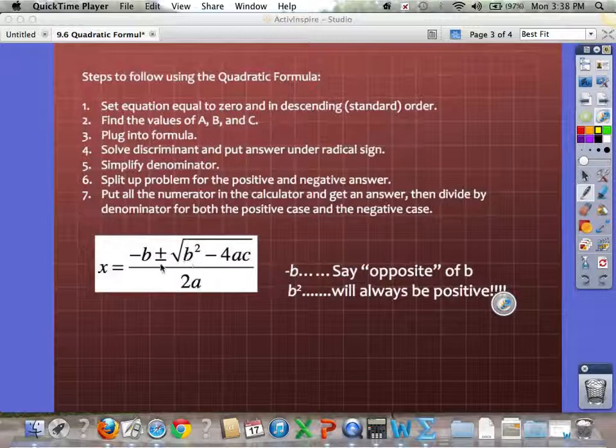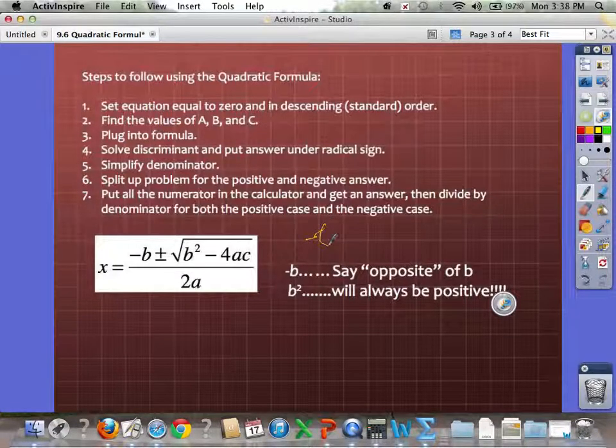Now, when you're doing this problem, you'll hear me say, when we're talking about negative b in the front, instead of saying negative b, I will say the opposite of b, because it helps instead of writing a negative and then a parenthesis. Whoa, let's fix that. It helps when you're writing, if you write a negative and then parentheses and then you put some other negative thing in here, that's just too many negatives, and we have found in the past that causes a lot of problems.